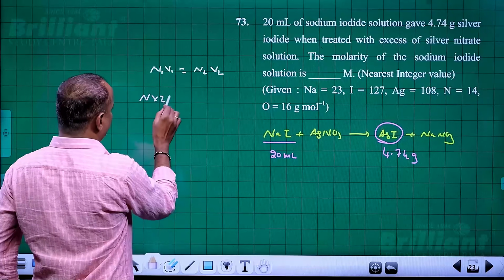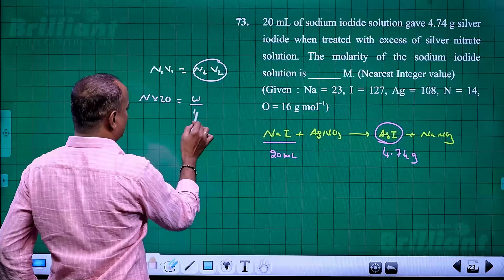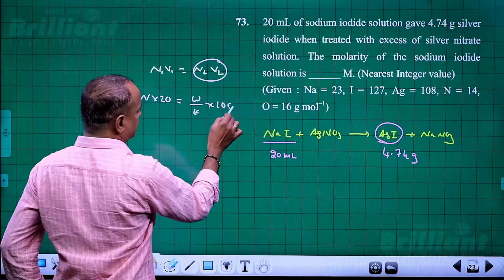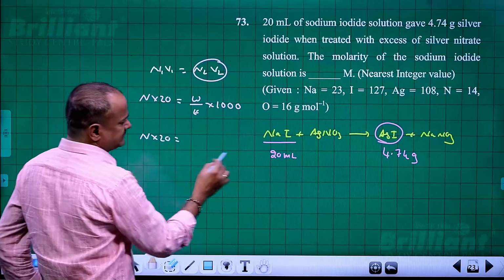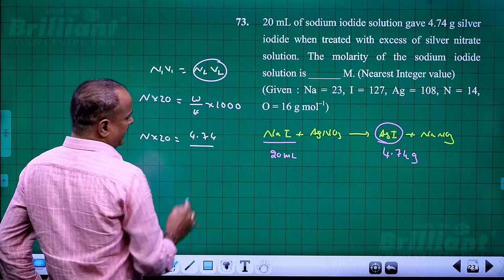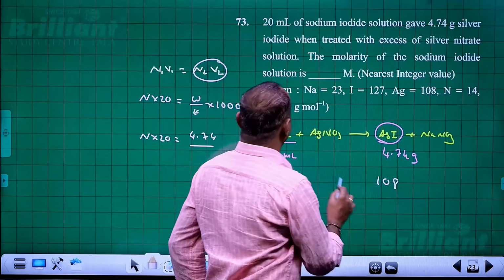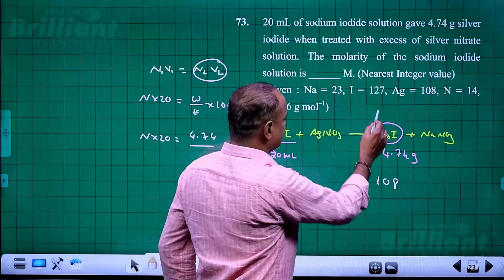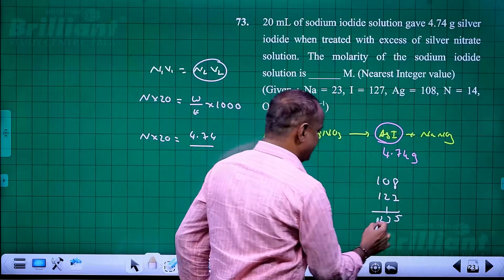Normality into 20. This converts to mass form: mass by equivalent mass into 1000. So N into 20 is equal to mass 4.74. Equivalent mass of Ag is 108, iodine 127, total 235.